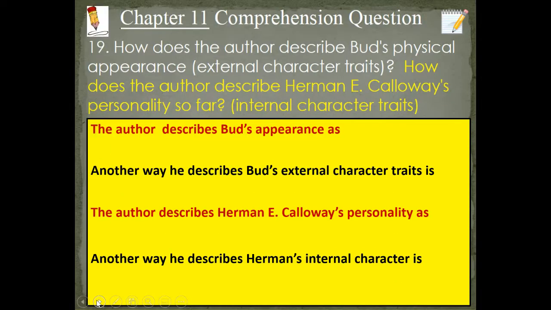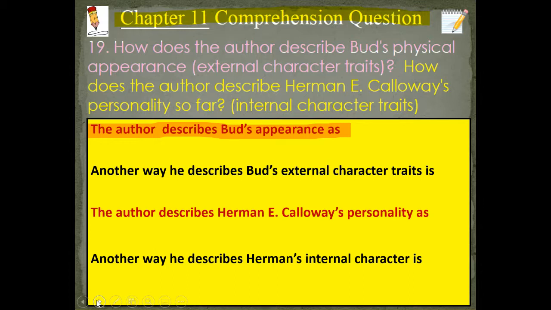Okay, now it's time to answer this question. How does the author describe Bud's physical appearance, external character traits? So the author describes Bud's appearance as, so you can write that. So push pause and finish that sentence. How did the author describe Bud's appearance?